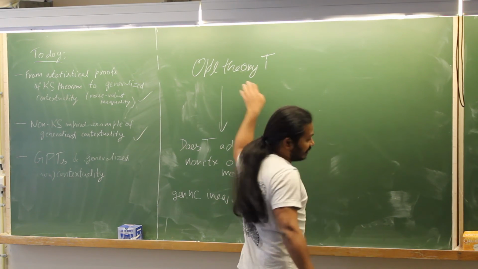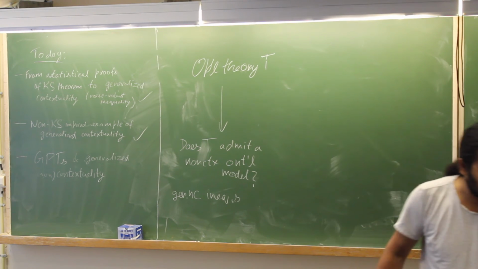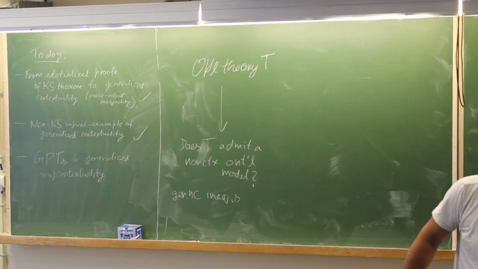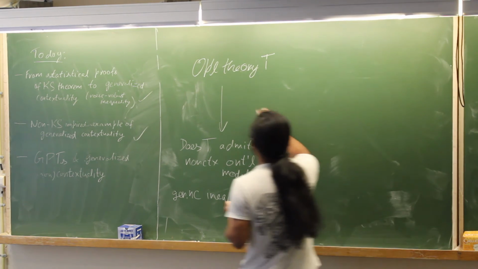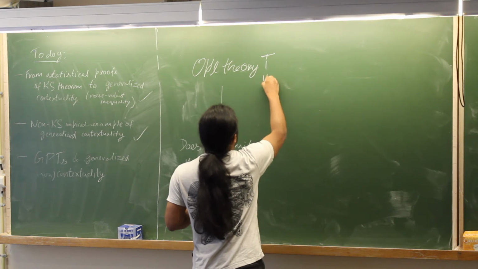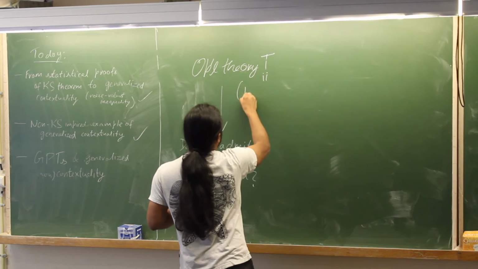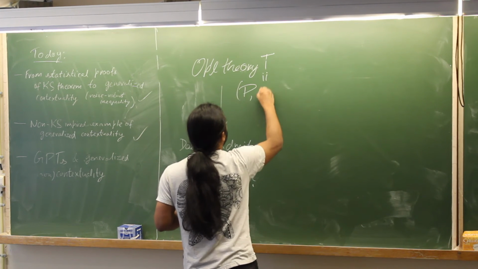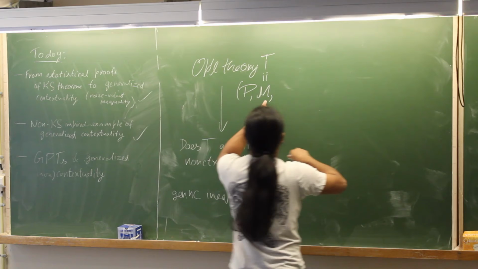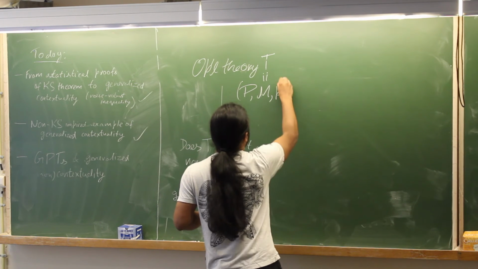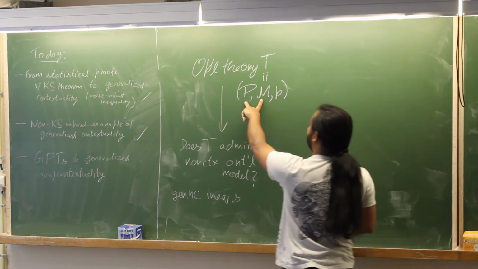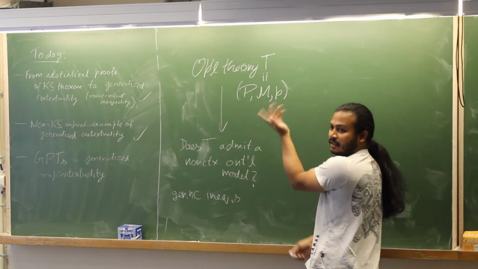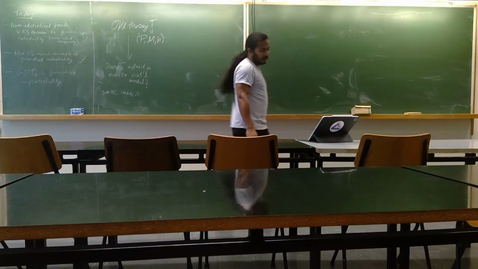But if you want to think in terms of GPTs, I will try to briefly give you an intuition for what they are. Basically, in an operational theory you have three things, right? You have a set of preparation procedures, if you're looking at prepare-and-measure experiments, a set of measurement procedures, and some probability rule for mapping pairs of these, some effect from here and some preparation from here, to probabilities, right? It's a triple of things.